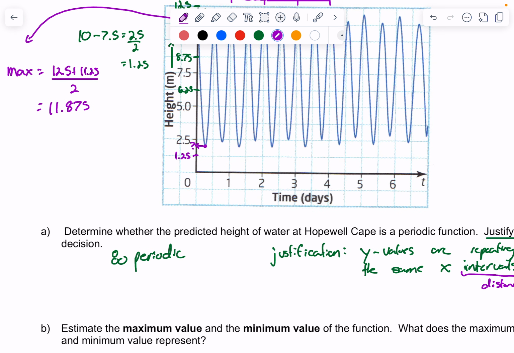So add these two to find the halfway point, and I will do it correctly this time. Divide by 2, and again, I'm going to use my calculator. Clearly, I am making some mistakes. So 1.875.